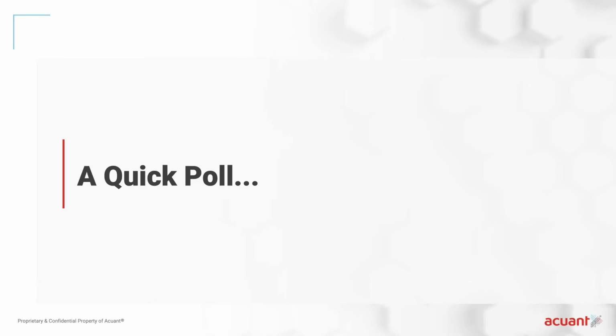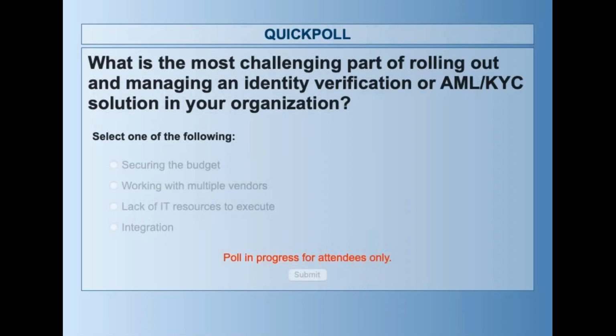Question 2 is, what is the most challenging aspect of rolling out and/or managing an identity verification or AML KYC solution within your organization? Is it securing the budget, working with multiple vendors, lack of IT resources to execute, or the integration itself?